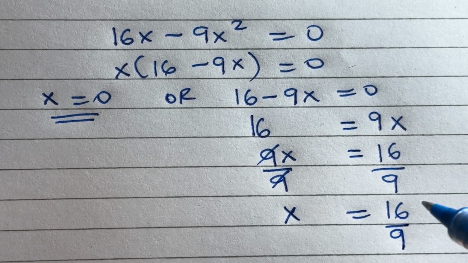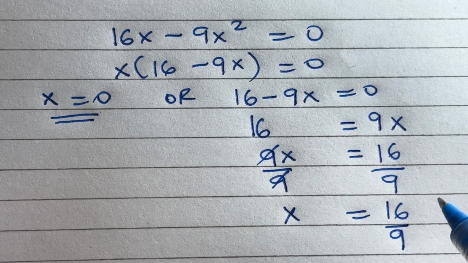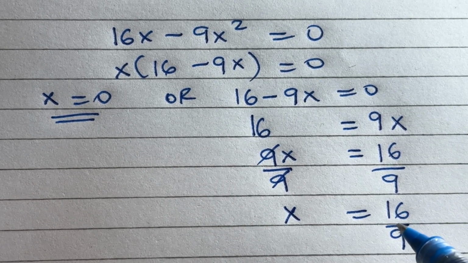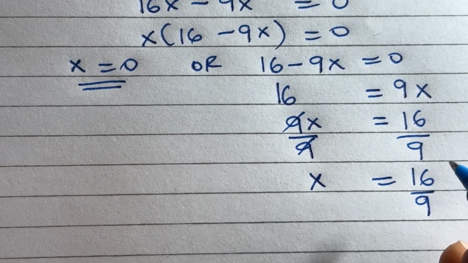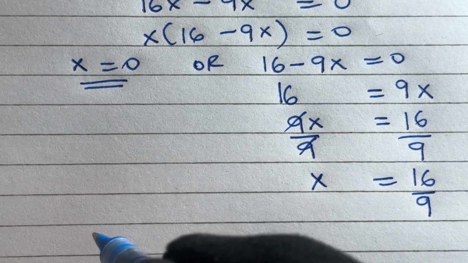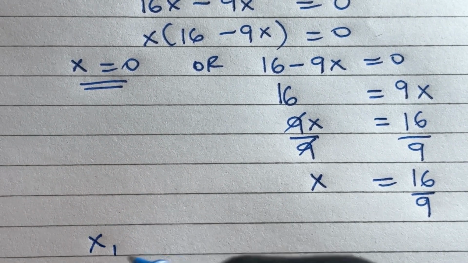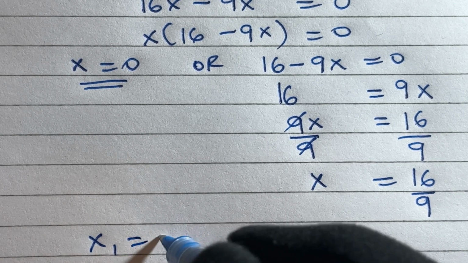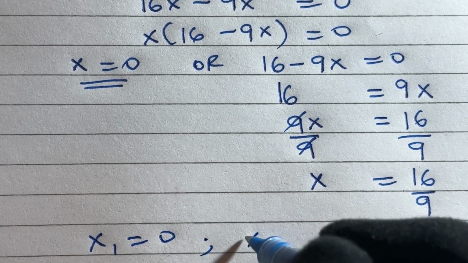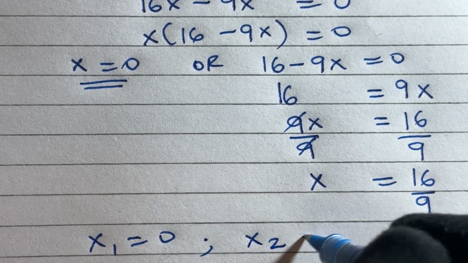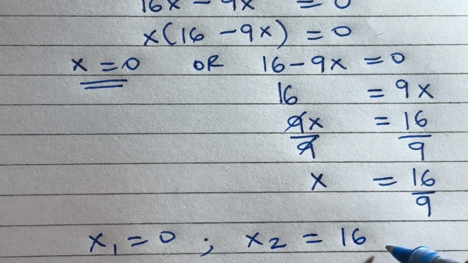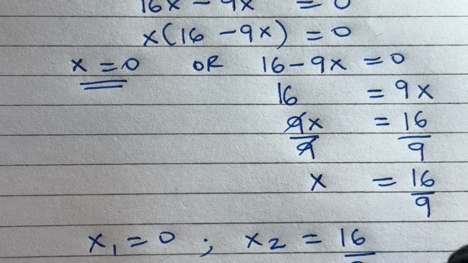So we have two solutions from the given equation. Let's say the first is x1, which is equal to 0, and then x2 is equal to 16 over 9.